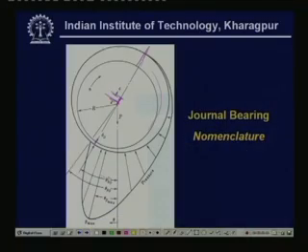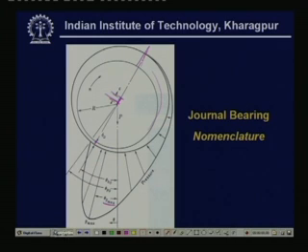This is theta h0, the position of minimum film thickness in degrees. Theta p0 is the terminating position of the pressure, and theta p max is the position where the maximum pressure is generated.